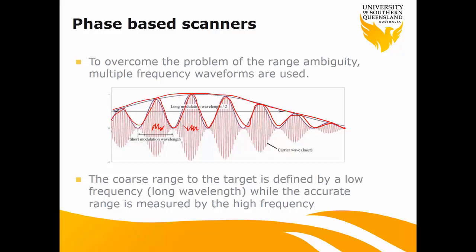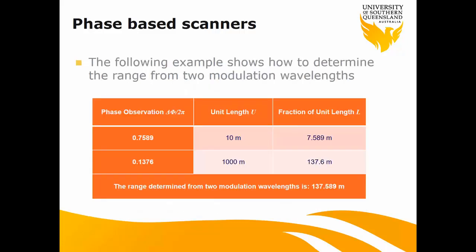So the coarse range is determined by the low frequency, that's the longer wavelength. And the high frequency modulation wave determines the accurate range. What does that mean?